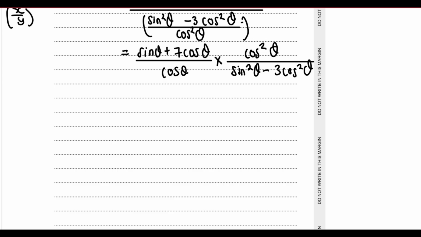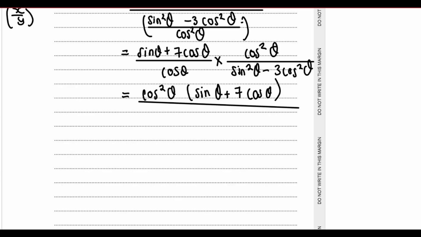Then we'll have left basically cos squared times that on the left. Then remember we cancelled that cos, so over there we just have that.